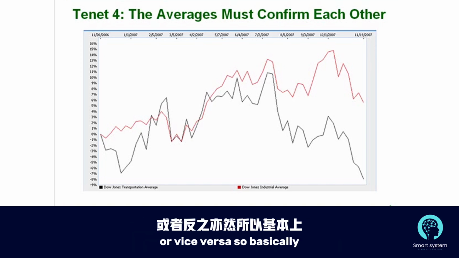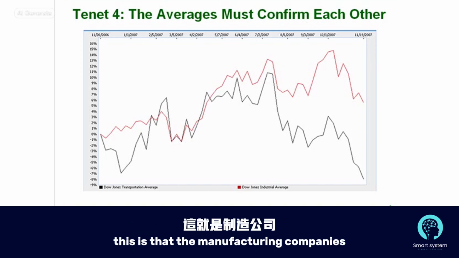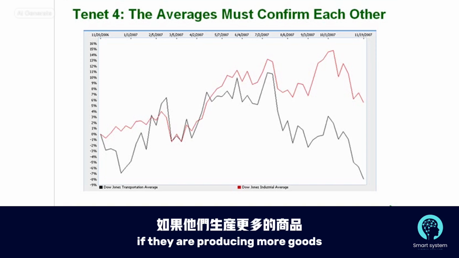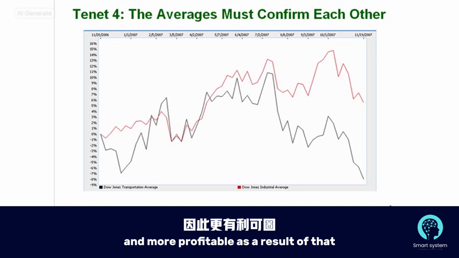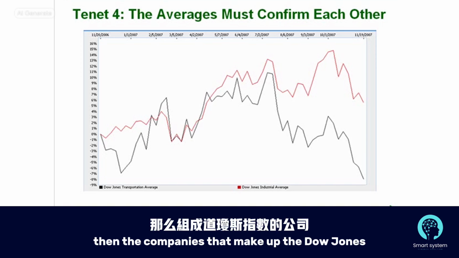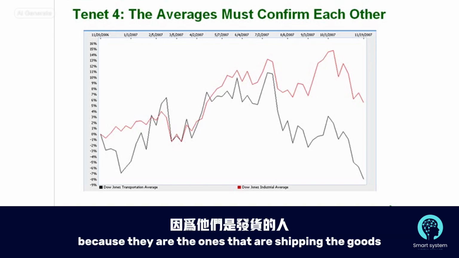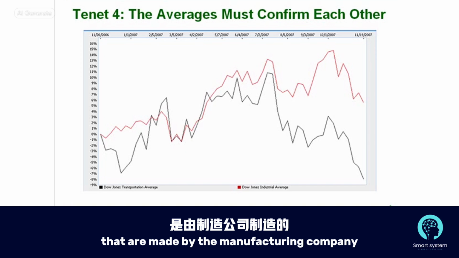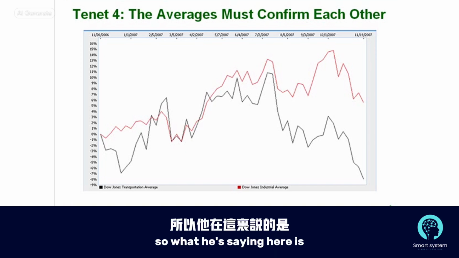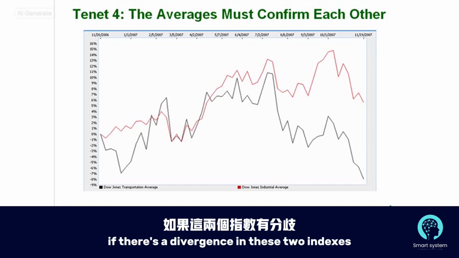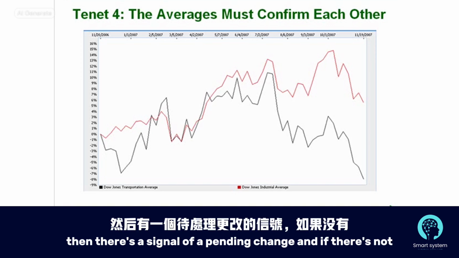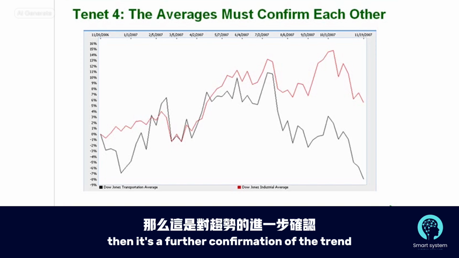The reason he's saying this is that if the manufacturing companies are producing more goods and are more profitable as a result, then the companies that make up the Dow Jones Transportation Average should also be more profitable, because they are the ones shipping the goods made by the manufacturing companies. So if there's a divergence in these 2 indexes, then there's a signal of a pending change, and if there's not, then it's a further confirmation of the trend.